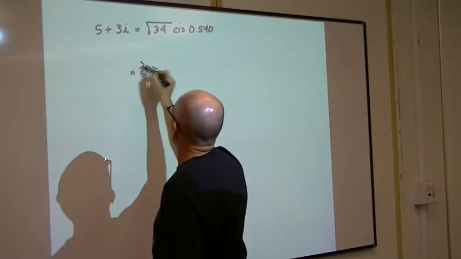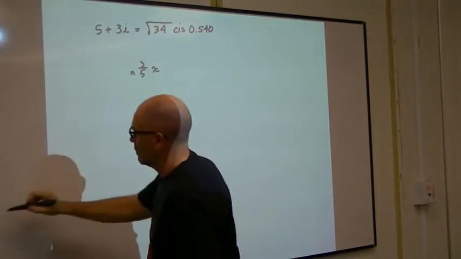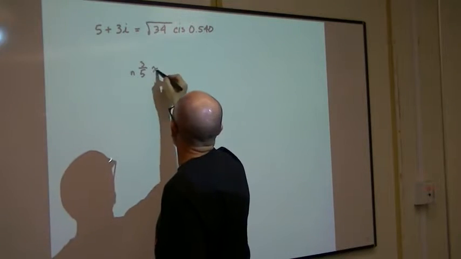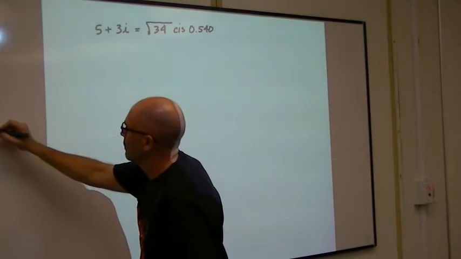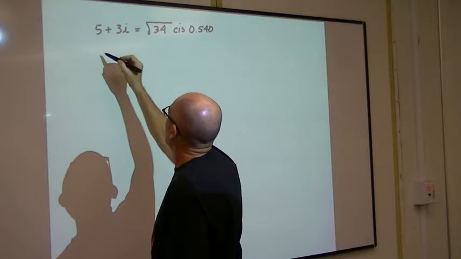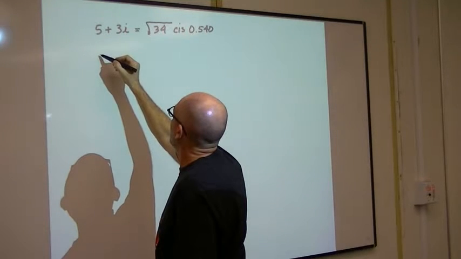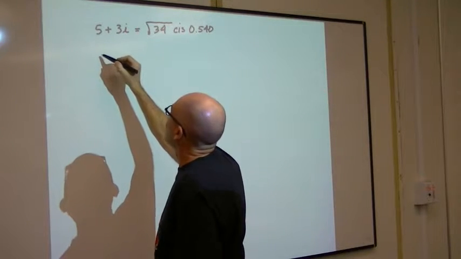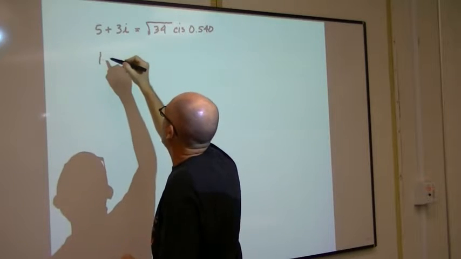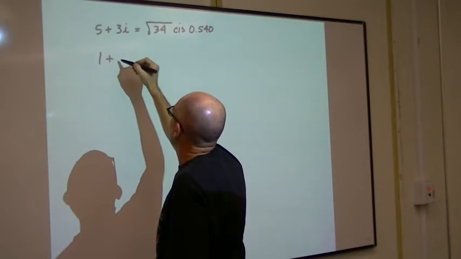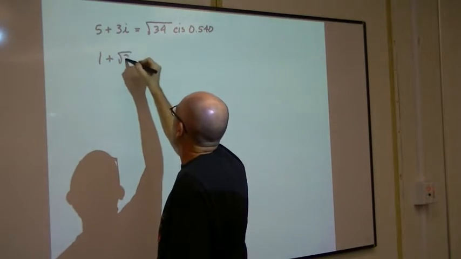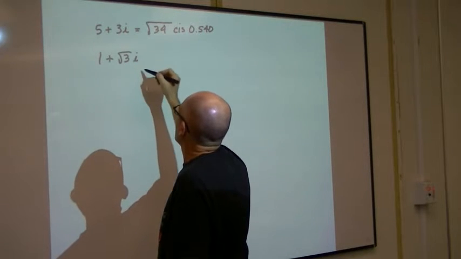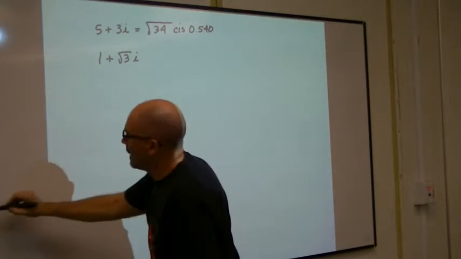What about 1 plus square root of 3i? Let's go 1 minus square root of 3i.